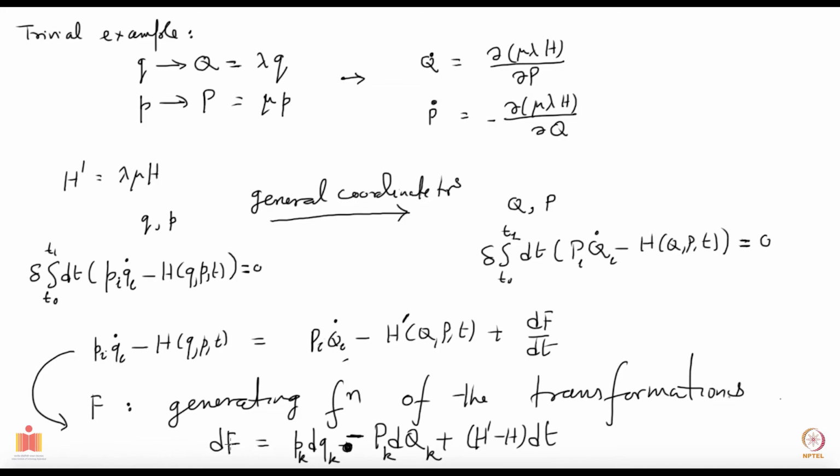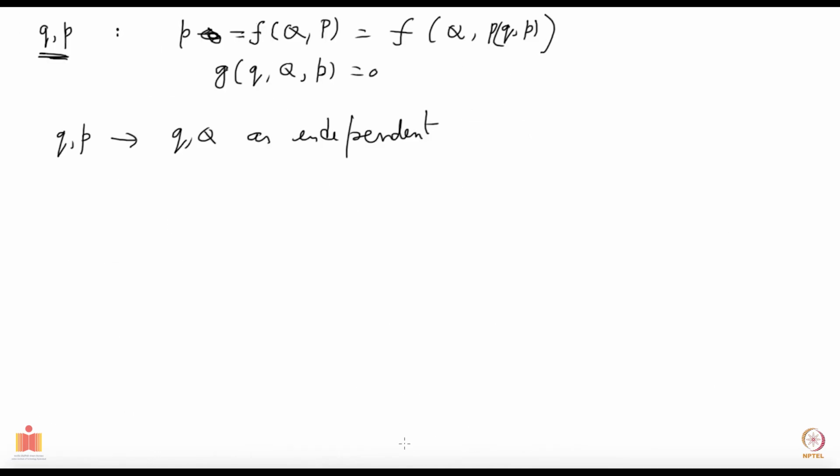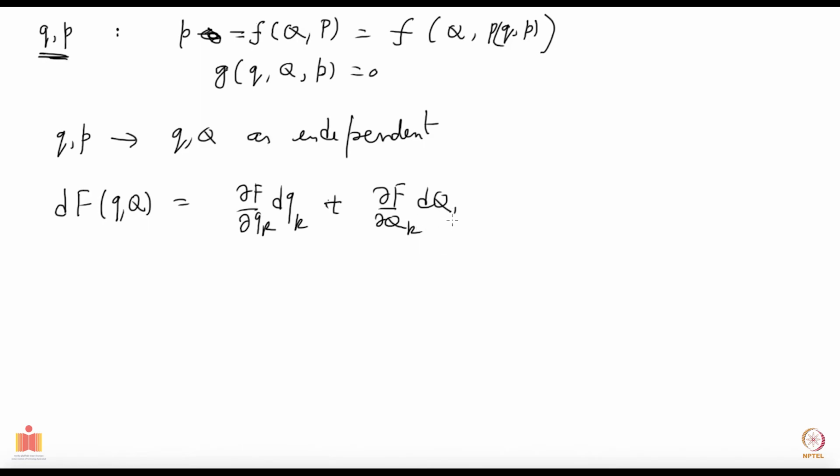So it's clear that I want to look at f as a function of small q and capital Q. So if I treat my capital F, or the generating function, as a function of small q and capital Q, then the total differential of this would be del f over del q dq, plus del f over del capital Q d capital Q, plus, if there are explicit time dependencies in f, this.